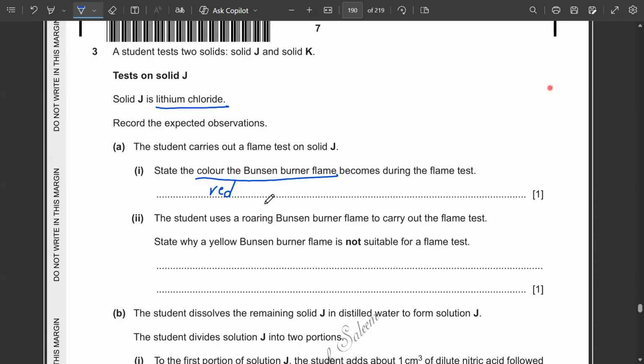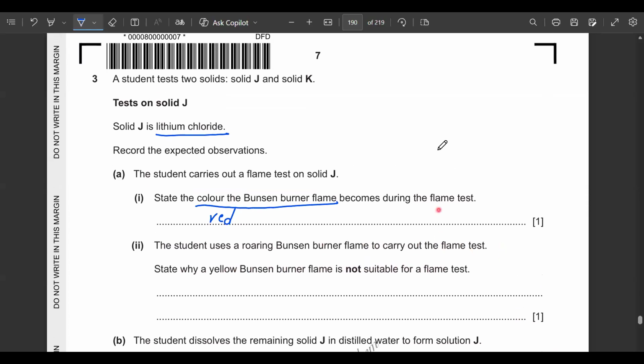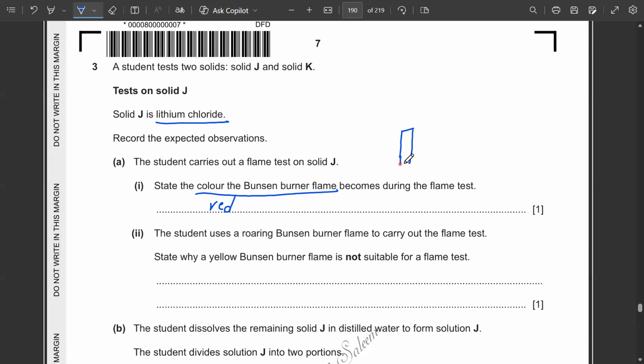The student uses a roaring Bunsen burner flame to carry out the flame test. State why a yellow Bunsen burner flame is not suitable for the flame test. As you remember from our previous question on the same topic related to the Bunsen burner, if this is the metallic cylinder of the Bunsen burner with a flame coming out from here, there are two portions.